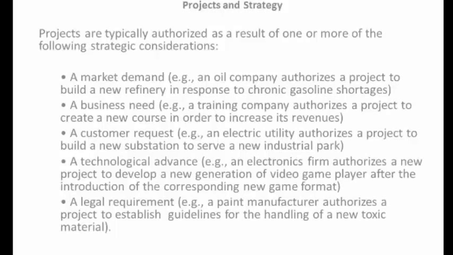Once a new technological advancement comes in, many people have to upgrade their systems, their IT systems or applications. Also a legal requirement, as we said, a statutory requirement. For example, a paint manufacturer has to handle toxic material. In hospitals, there is a requirement that they should not dispose of their toxic waste. They should have toxic waste treatment, right? So that also creates a requirement for a project in a hospital.